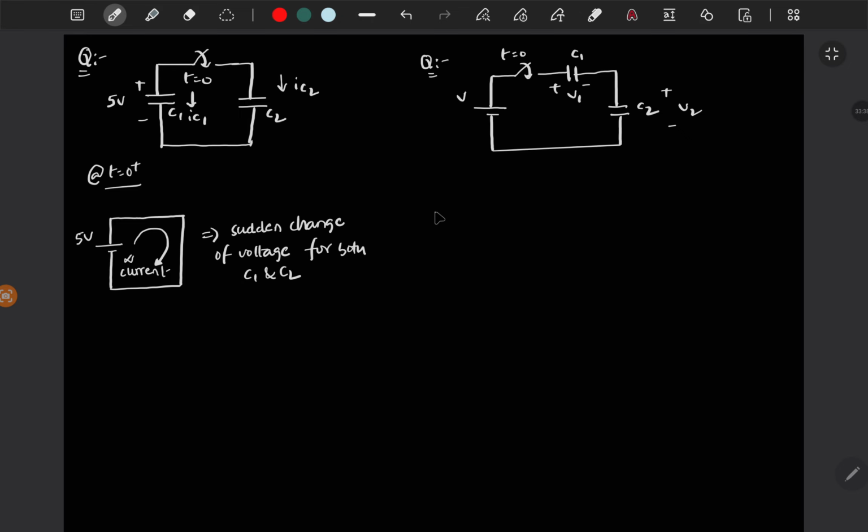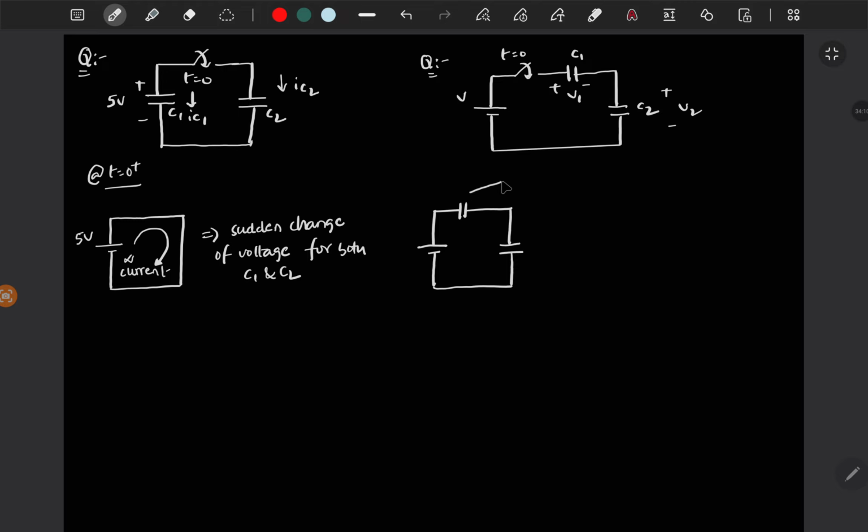So if you want to find the initial voltage, then these two capacitors should be represented with the same but with less impedance, because at t is equal to 0 it is seeing very high frequency. So at high frequency the capacitor impedance should be low.